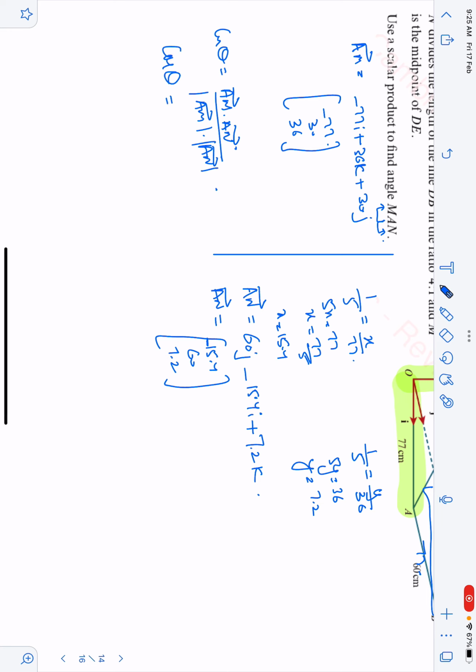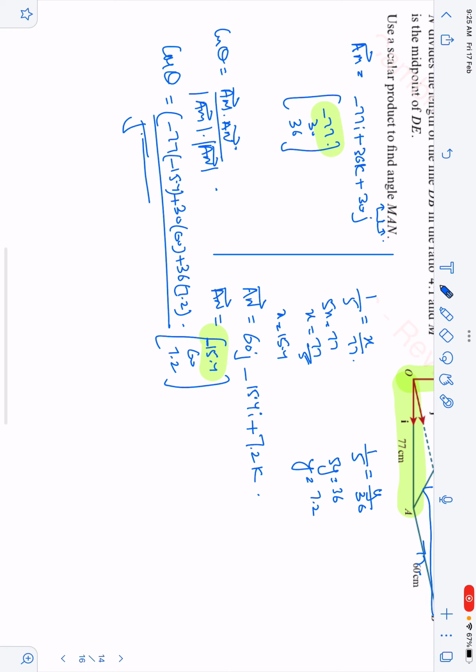Cos theta equals, if I multiply the two vectors, minus 77 by minus 15.4, plus 30 times 60 plus 36 times 7.2, divided by the magnitude of the first one, square root of 77 squared plus 30 squared plus 36 squared, and the magnitude of the second one, 15.4 squared plus 60 squared plus 7.2 squared.